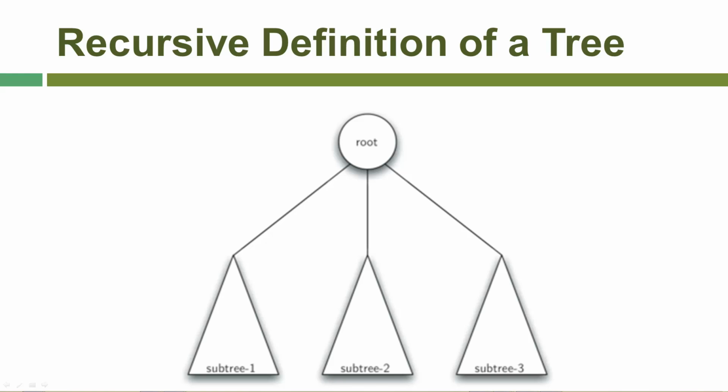So if you remember back to the recursion section of the course, I mentioned that recursion can be used to define trees and define tree traversal algorithms. So it's important to also understand this particular definition. So here we know that in this figure, the tree has at least 4 nodes, since each of these triangles representing a subtree must have a root.